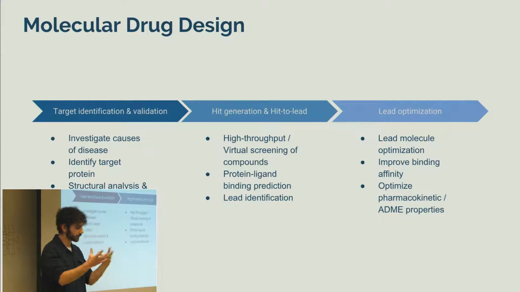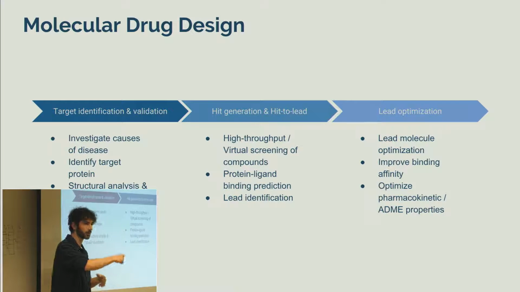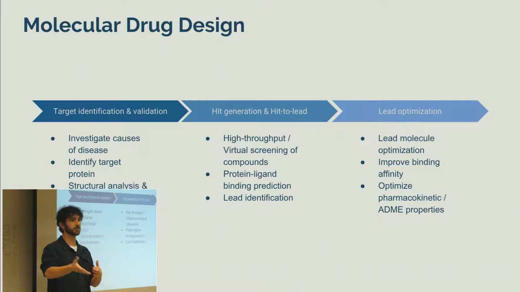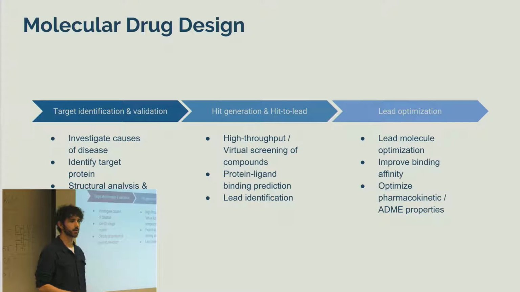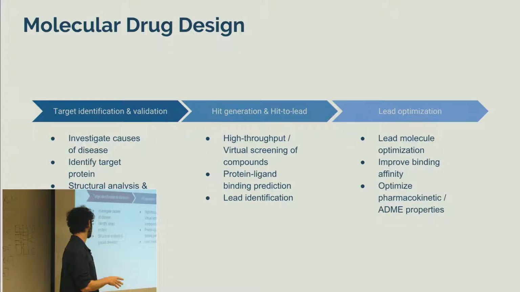It's the part of the cell mechanism that you want to either tune up or tune down, or turn off, or whatever. So first you identify what you have to do in order to cure this disease. So understand the disease, and basically identify a target protein, which is usually what is searched for.